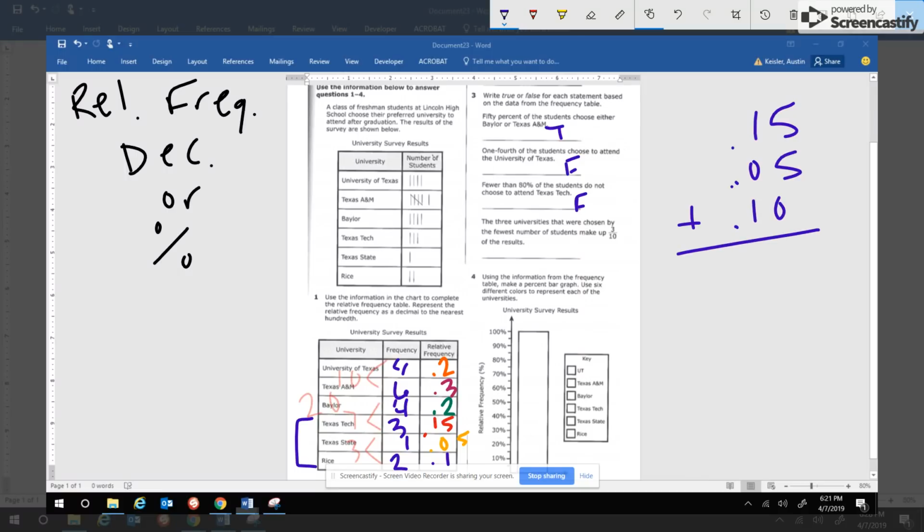So if I add all those up, 5 plus 5 is 10. I get 3, which is 30%, or 3/10. Remember, I can add a 0 underneath there because it has one number after the decimal. So that last one would be true. 3/10 or 30% chose the fewest 3.